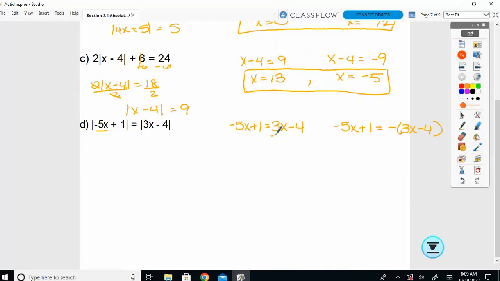So if I subtract over my 3x, and subtract over my 1, divide, I get positive 5/8 for the first answer.